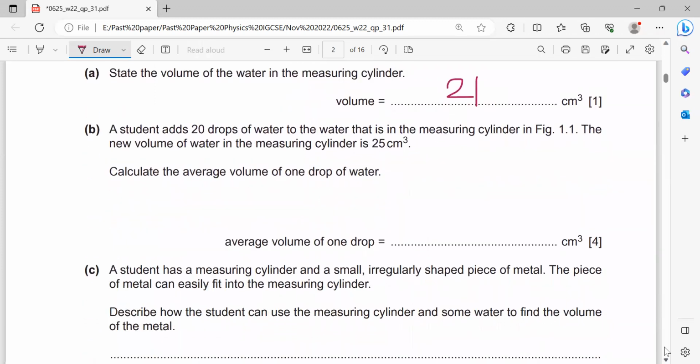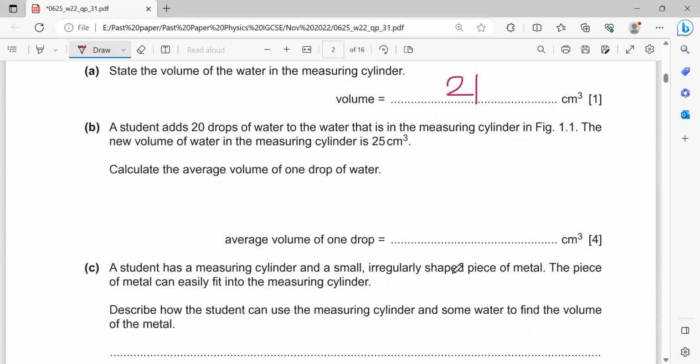Next, a student adds 20 drops of water to the water that is in the measuring cylinder in figure 1.1. The new volume of water in the measuring cylinder is 25 centimeters cubed. Calculate the average volume of one drop of water. Okay, it means 25 minus 21, this number, 21.